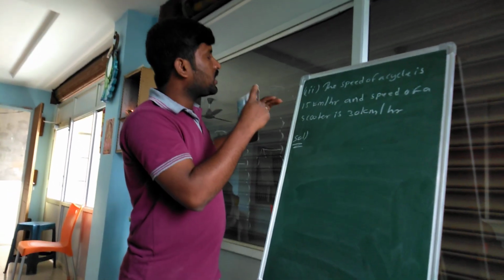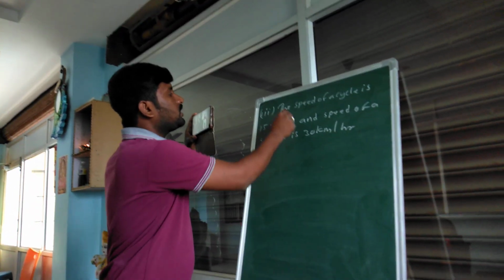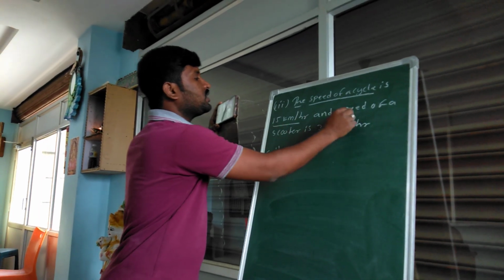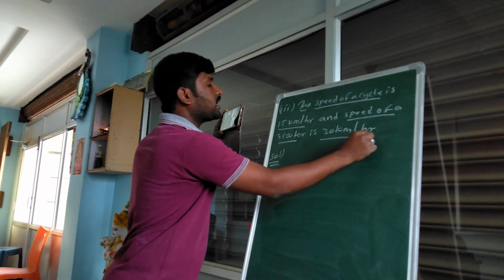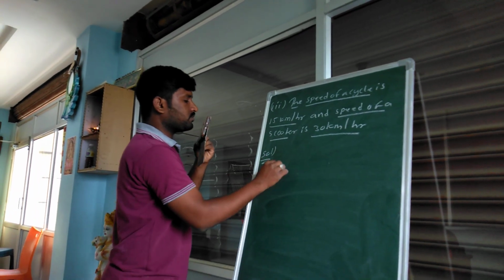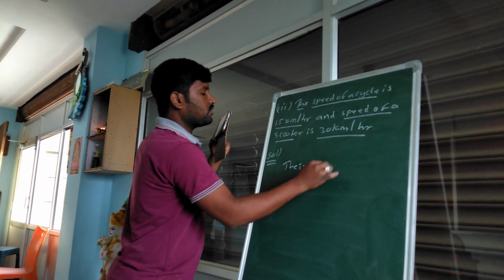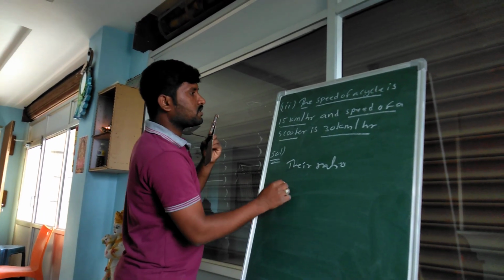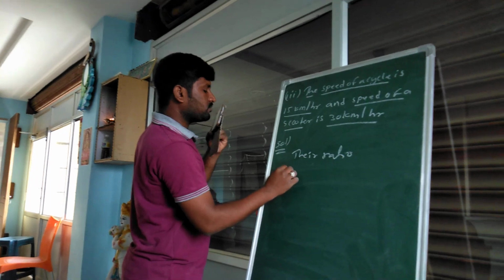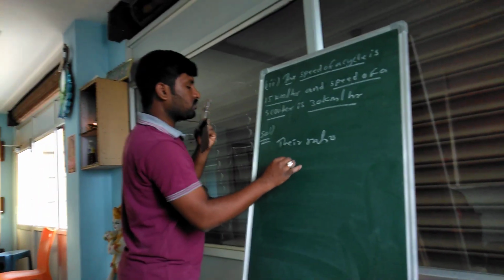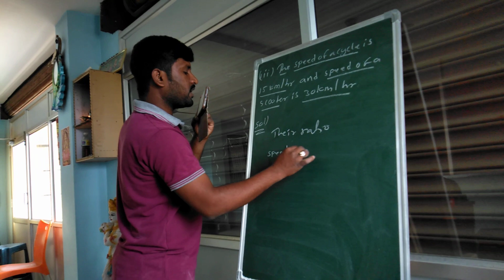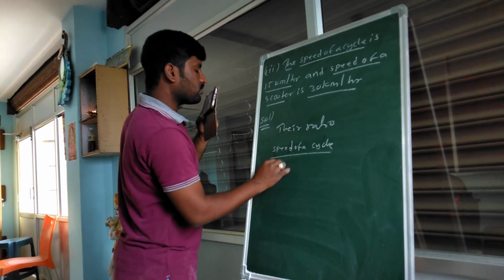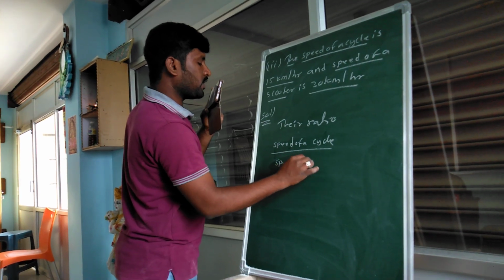Okay students, now what is the third one? The speed of a cycle is 15 km/h. The speed of a scooter is 30 km/h. Their ratio you can write as speed of a cycle by speed of a scooter.